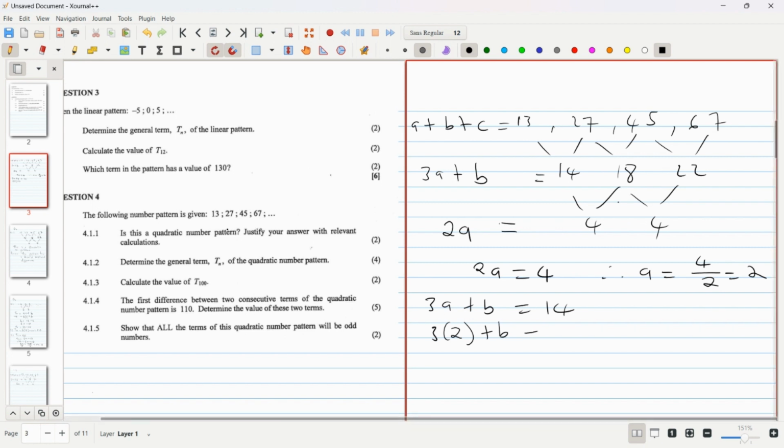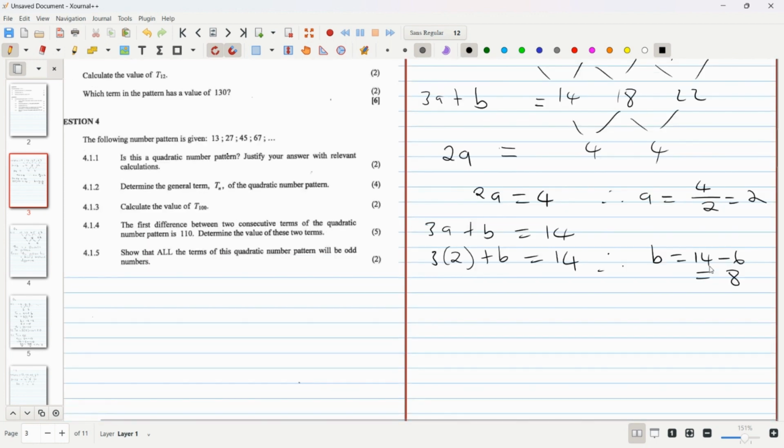So 3 times 2 is what? Is 6. So 6 to the other side, b will equal 14 minus 6, which is 8. So the value of b is 8.